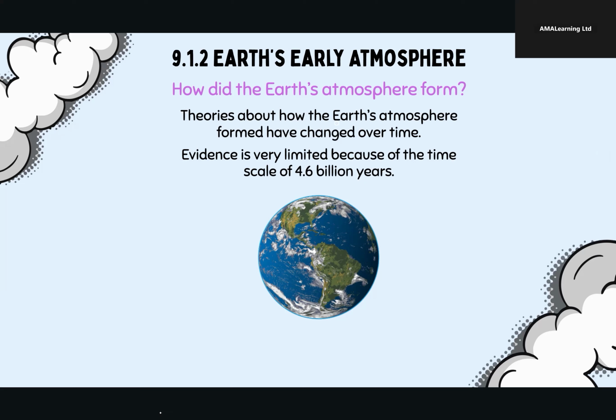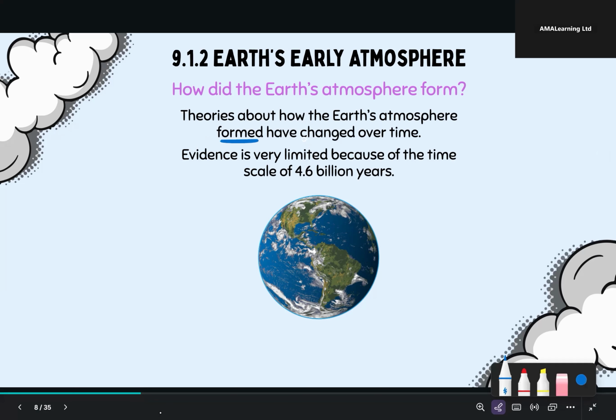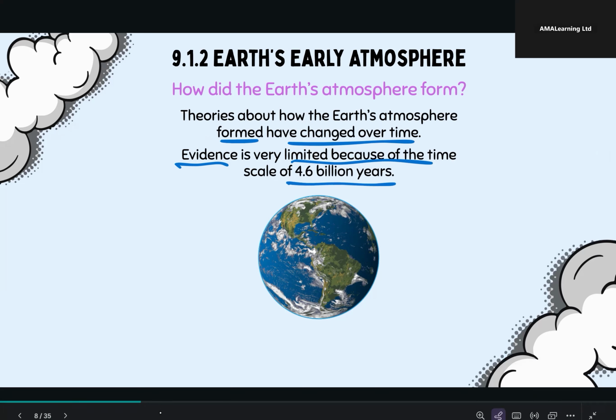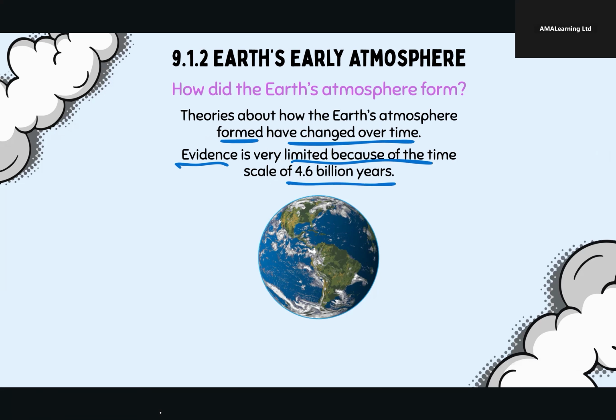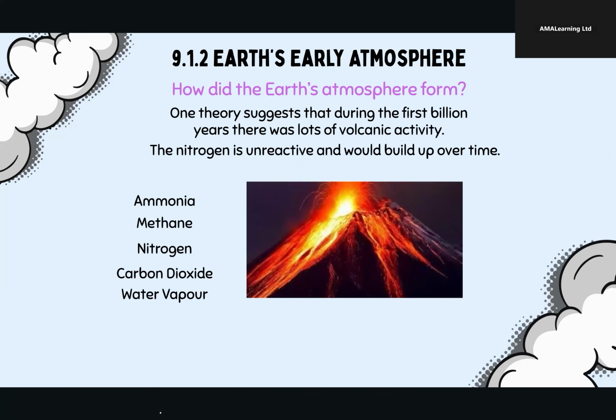So theories about how the Earth's atmosphere formed have evolved or changed over time. Evidence is limited because of scale, because we're talking 4.6 billion years and longer, which is the same issue with evolution. So here's one theory and one suggestion on how the Earth's atmosphere actually formed.